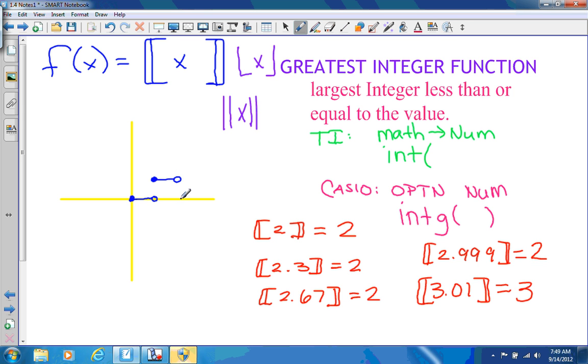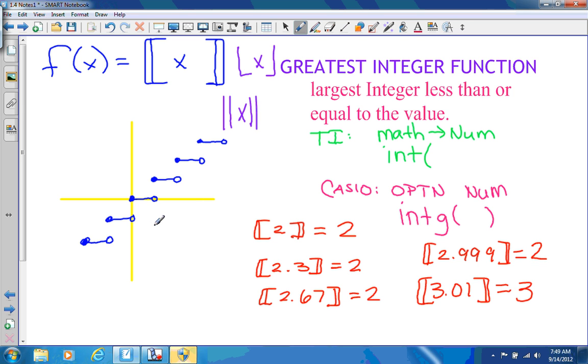And then once you get to 2, it's going to jump up again. And then it's going to draw all the way over to just before 3. And then it's going to go up again, and so on and so forth. Same on this side. And so it looks like that.